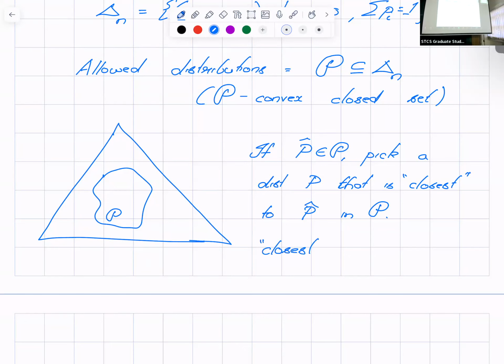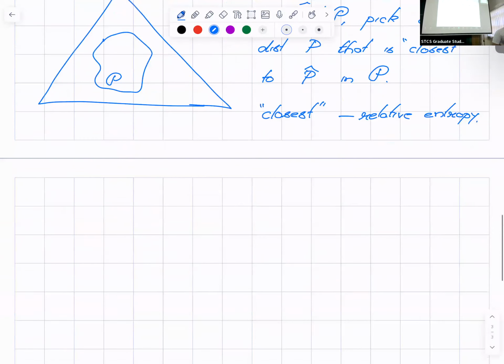The one that seems most convenient for this is relative entropy. Have you guys seen what relative entropy is?